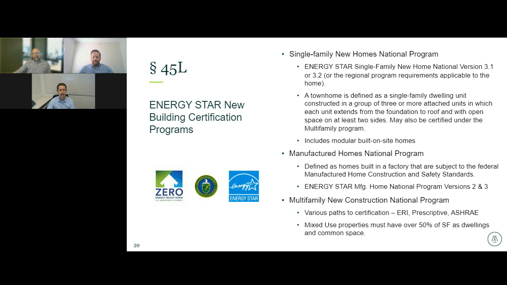Manufactured, again, is built in a factory. And then the multifamily new construction program. There's a couple different paths to satisfy the national program requirements, and mixed use properties must have over 50% of square footage as dwellings and common space.